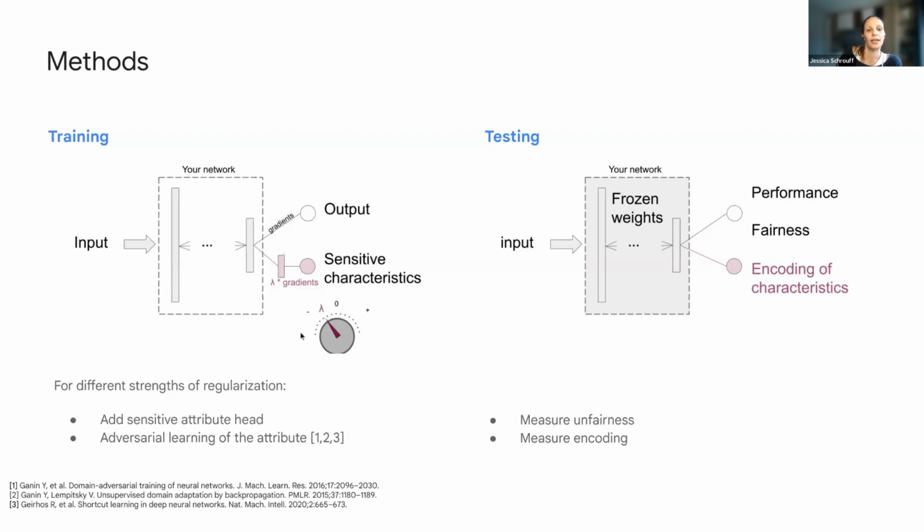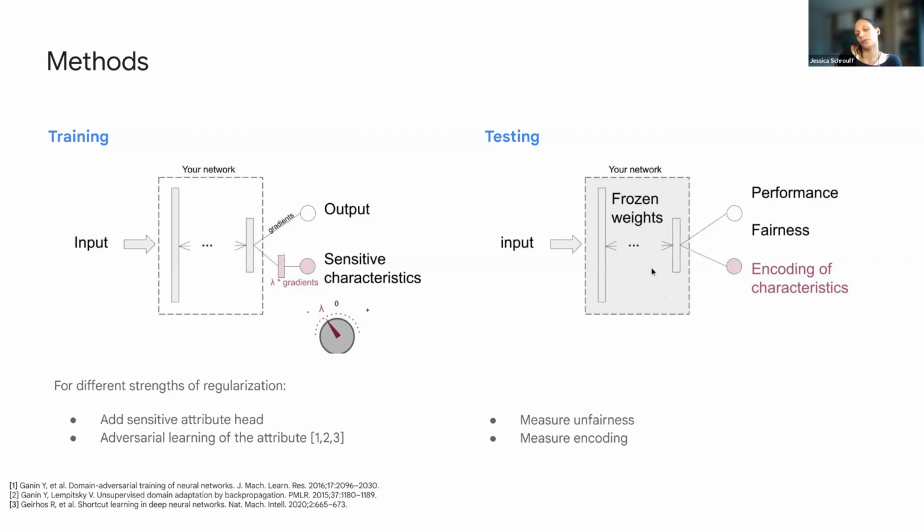You can push it in the negative, which is typically adversarial learning, or to the positive. And we actually try to span this whole spectrum. And then we evaluate our model.